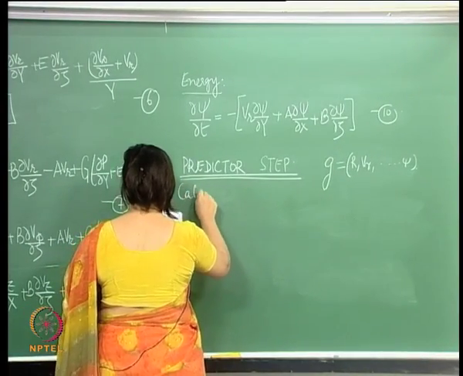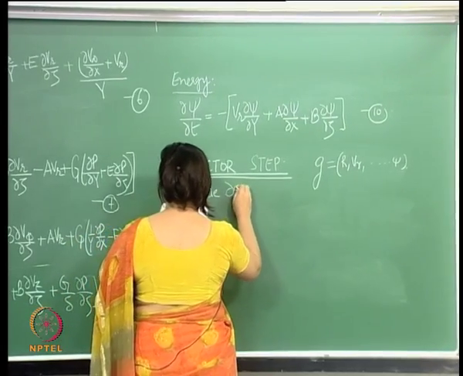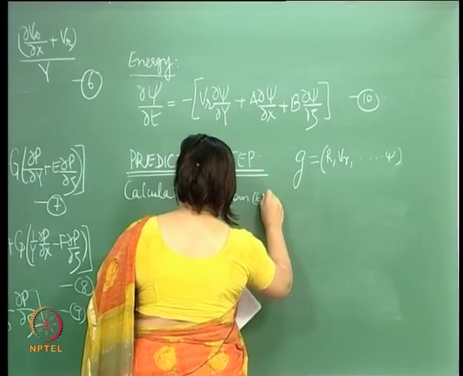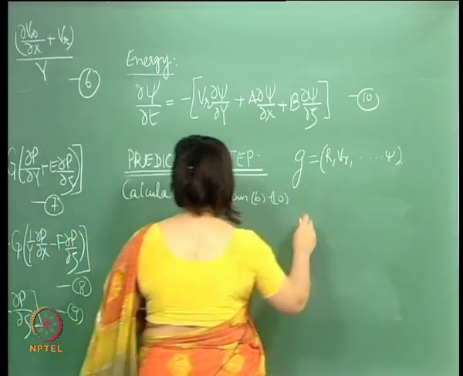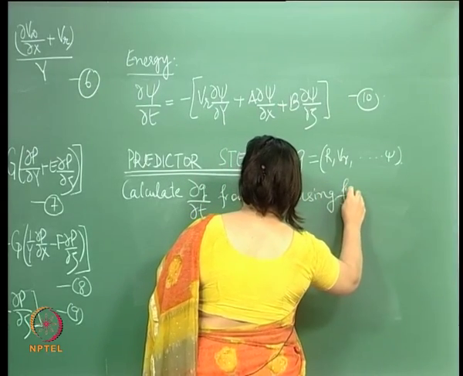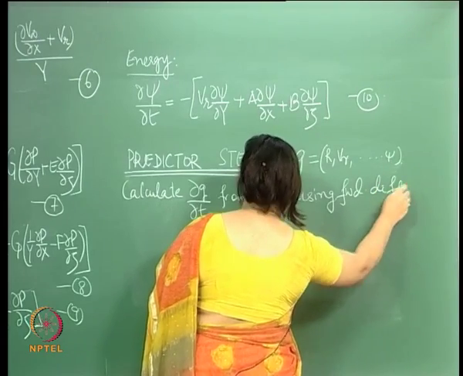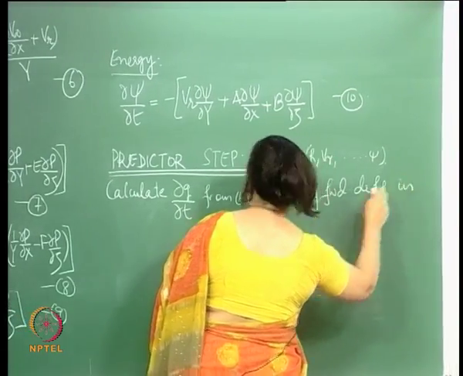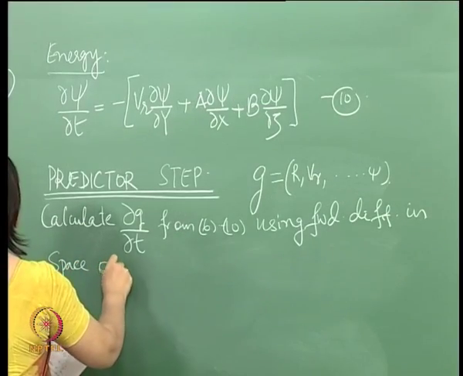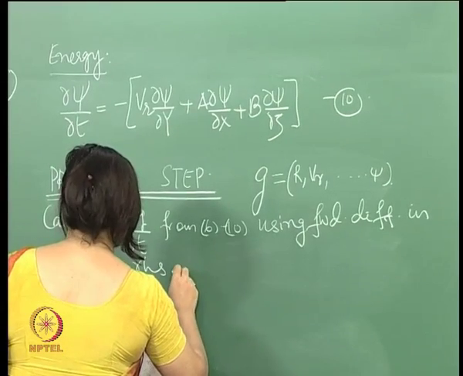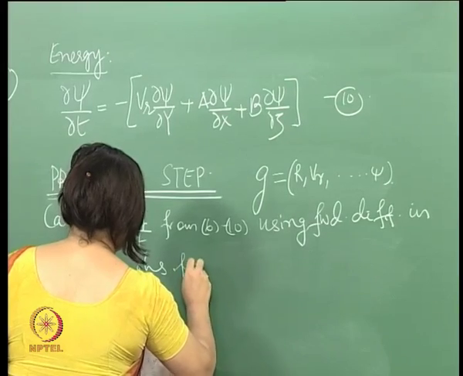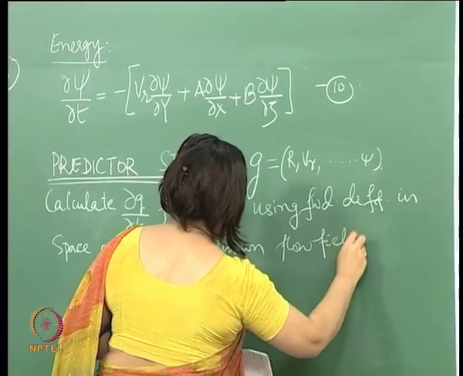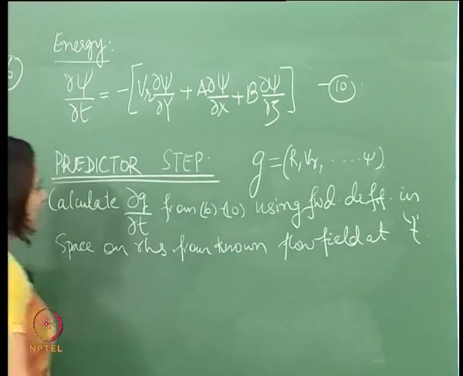What this means is that we calculate del G del T from 6 to 10, using forward differences in space on the right hand side, from the known flow field at time t.